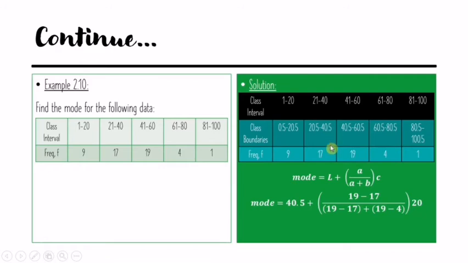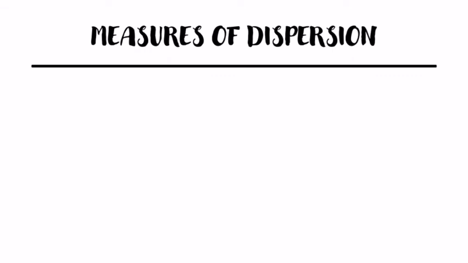You can also calculate the class size this way: 40.5 minus 20.5, you get 20. There are multiple ways for you to calculate class size. So the mode after you calculate is actually 42.85. That is our measure of central tendency.